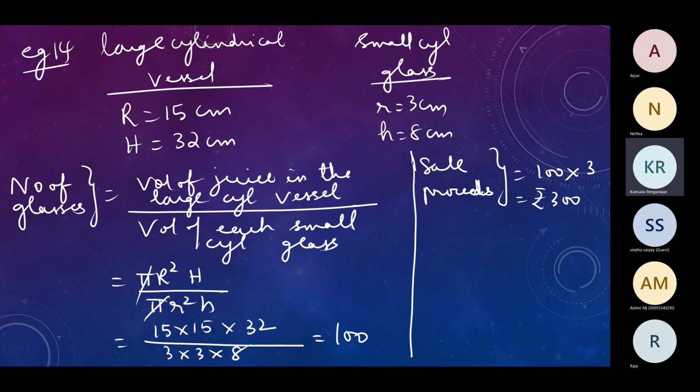So 100 glasses can be made, and the sale proceeds, that is the money the stall keeper makes by selling 100 glasses, is equal to 100 into 3, 300 rupees. Isn't it simple, children?